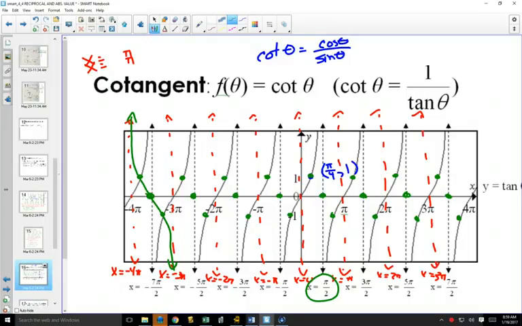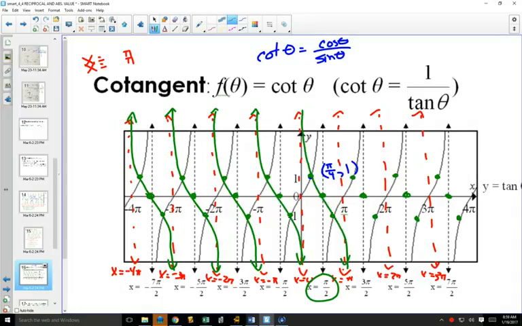In fact, it's going to do that same thing over and over again. And that green graph is our graph of cotangent.